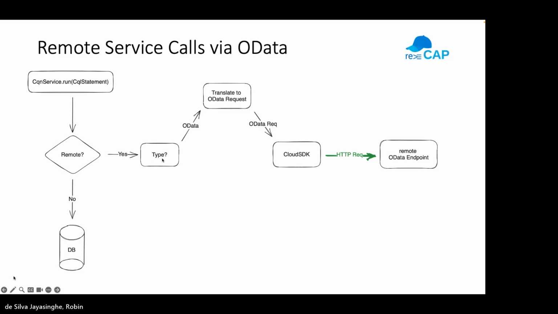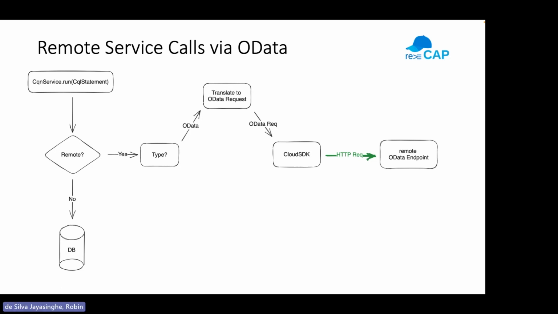Currently, before HCQL, it was only OData v2 and v4 services. So we detected that this is an OData service. And then in the bottom part, we translate this to an OData request and execute it via Cloud SDK as an HTTP request to the remote OData endpoint.